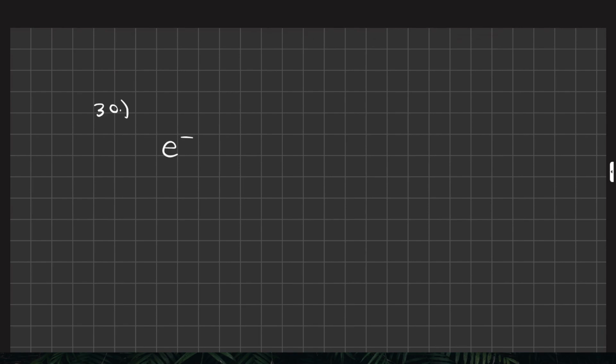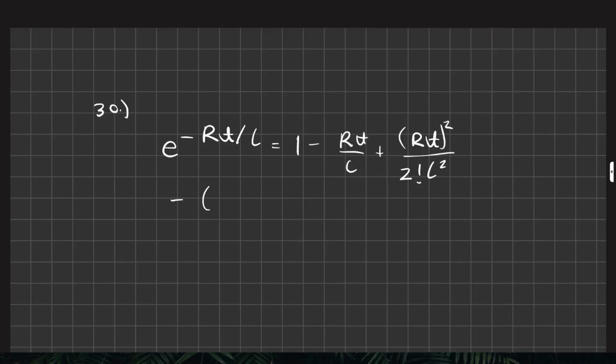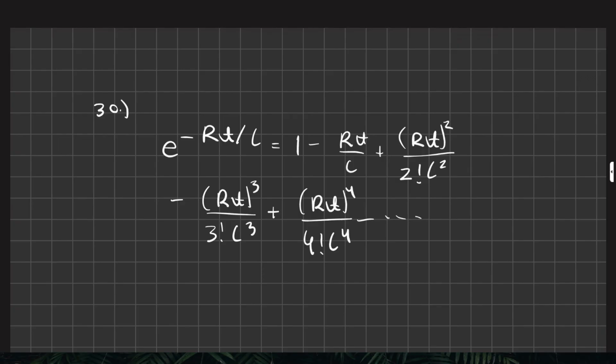So let's consider e to the minus Rt over L. We have the power series x to the n over n factorial, but now we're substituting x with minus Rt over L. So we're going to have 1 minus Rt over L plus (Rt) squared over 2 factorial L squared minus (Rt) cubed over 3 factorial L cubed plus (Rt) to the 4th power over 4 factorial L to the 4th power, and so on and so forth.